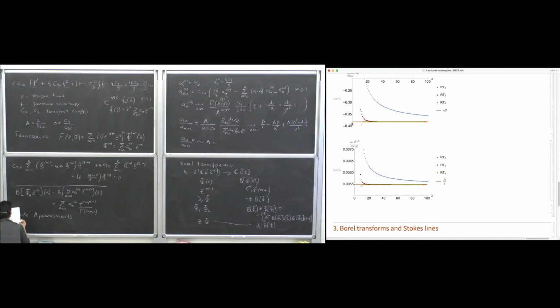And what are the Padé approximants? The Borel Padé of some order n of phi of t is given by a sum from 0 to n over 2 of a_n t to the n, so it's a polynomial divided by another polynomial.